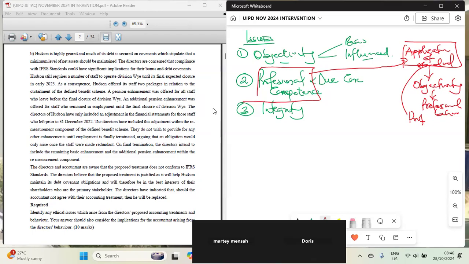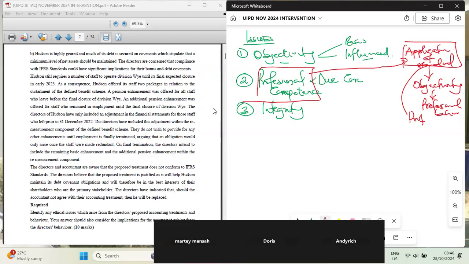After Doris, I have Mr. Marty. Hello, sir. Yes, sir. I wanted to finish on the last note there. Okay, no problem, finish so that Doris can come in. It says that on the final termination, the directors intend to include the remaining basic enhancement and the additional pension enhancement within the remeasurement component.